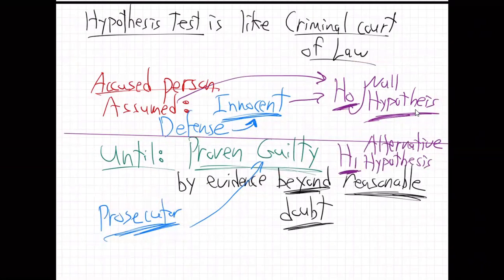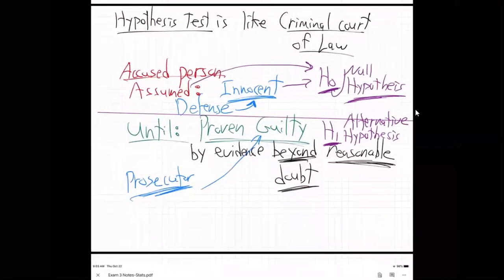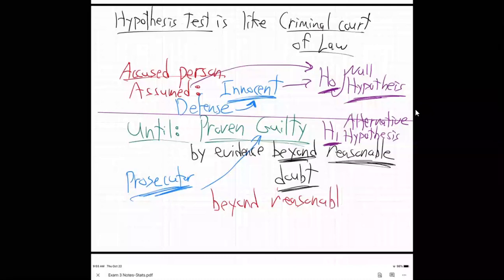We're always going to take something like a new drug and we're going to assume the new drug doesn't work unless what? Unless we have evidence beyond a reasonable doubt. And when we say beyond a reasonable doubt, you know what we mean? We mean beyond the reasonable chance of luck.